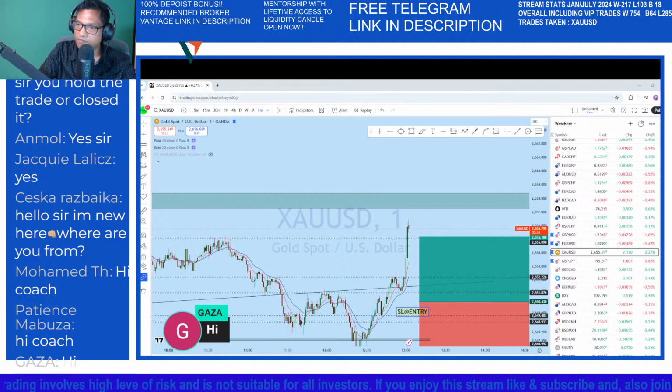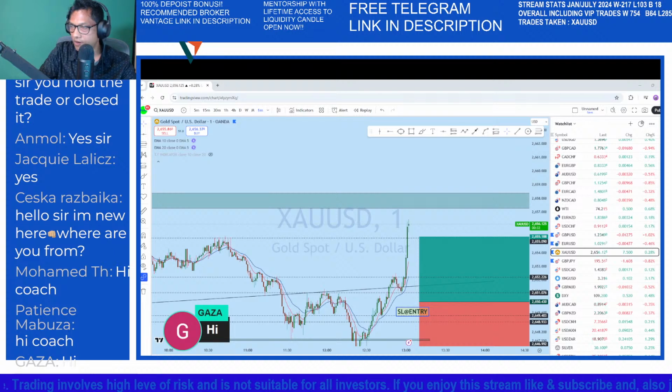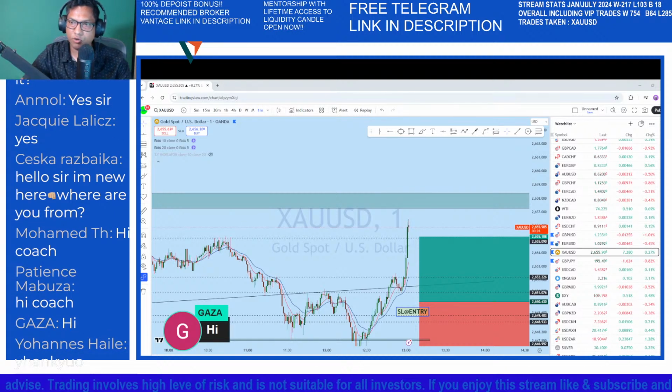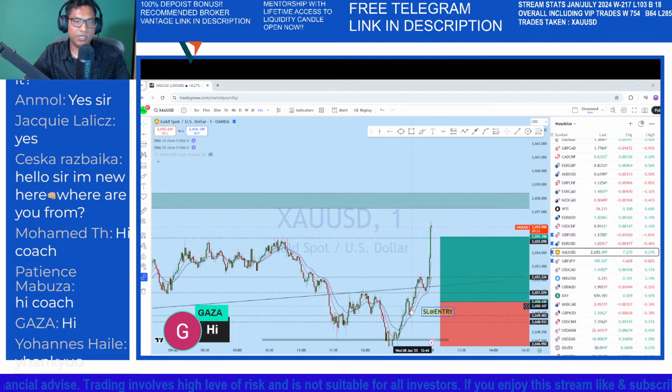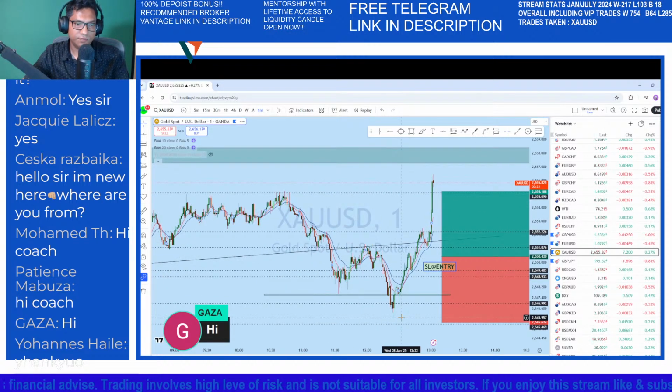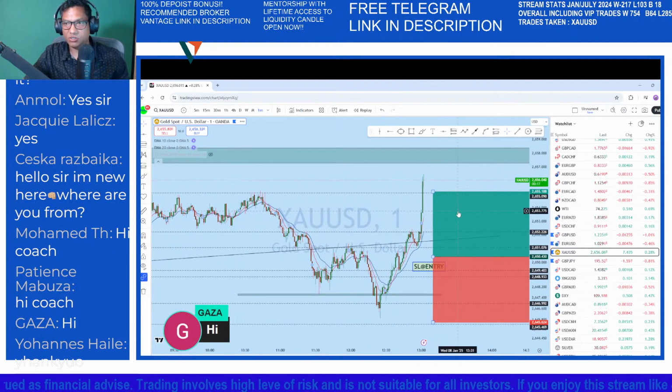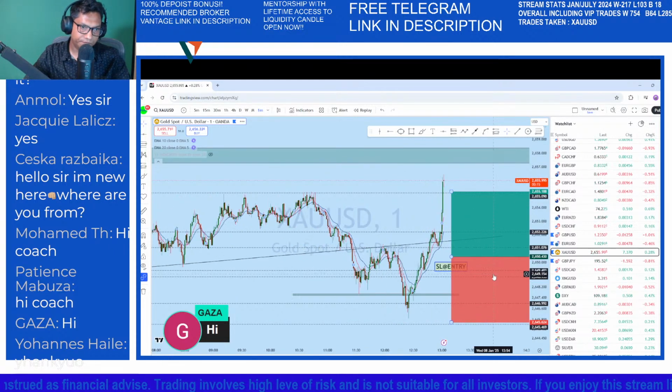Now here is the most important part, which is to hold the trade. You can see we had a drawdown, but ultimately it managed its way to the upside.